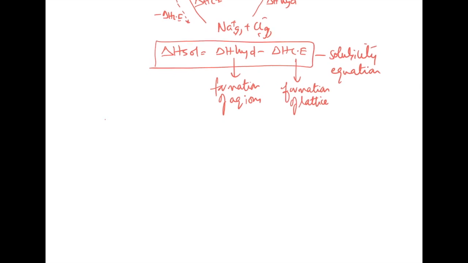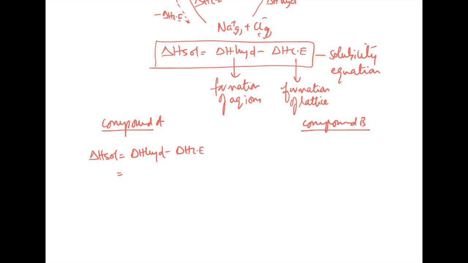Let's say I have a compound A, and let's say I have compound B. Suppose, for example, this is the formula, hydration minus lattice. Let's say compound A's hydration total, positive and negative, if we add up all together, is minus 600. Let's say its lattice is minus 400.